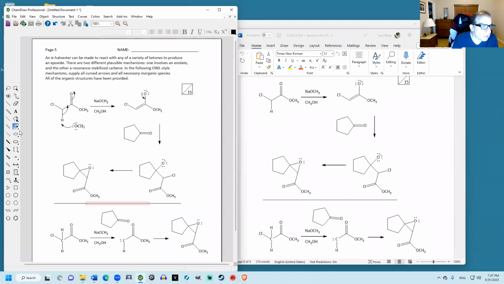This folds down here. This attacks the carbonyl. And the carbon-oxygen pi bond breaks and the electrons go into oxygen, and we get this intermediate. And then if we compare, it looks like we formed a new oxygen-carbon bond. It looks like the oxygen has attacked this carbon and undergone an SN2 reaction.